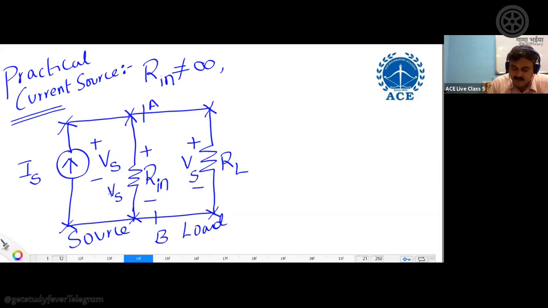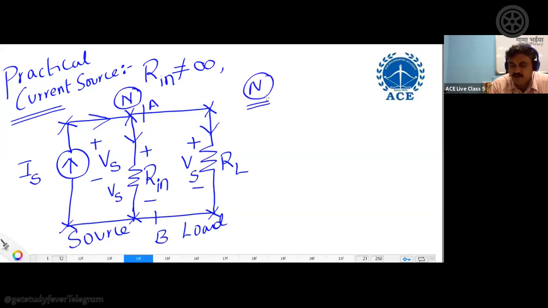Now for a resistor, current should flow from positive to negative. So this should be the direction of current on RIN, and this should be the direction of current on RL. Here Is is coming like this. Say this node is some n. What is the nodal equation at the node n?